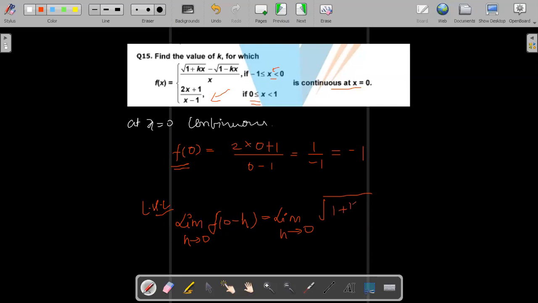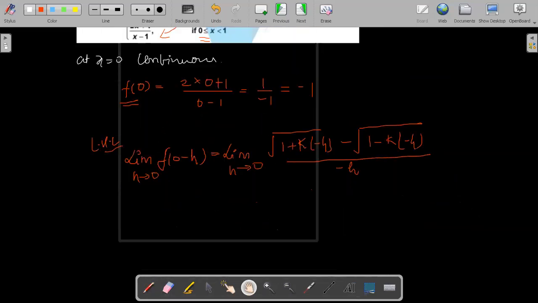So 1 plus k times of, at the place of x I'm writing 0 minus h, which is minus h, minus root over 1 minus k times of minus h, divided by 0 minus h.